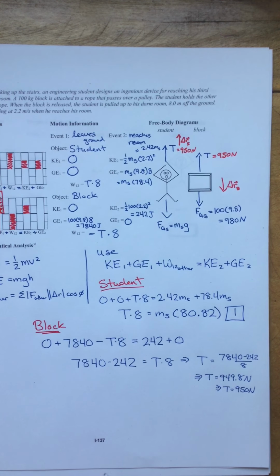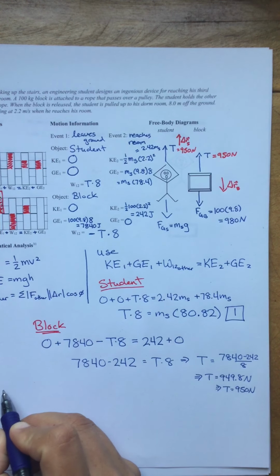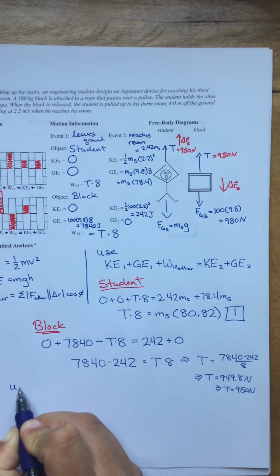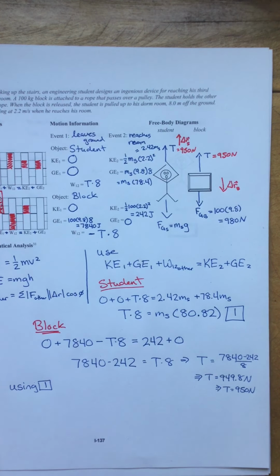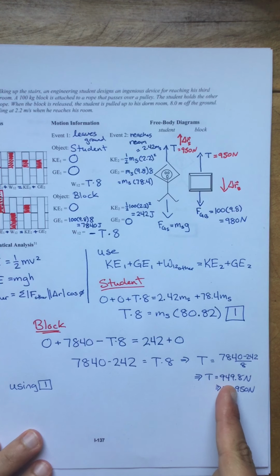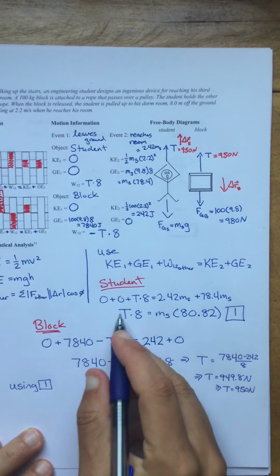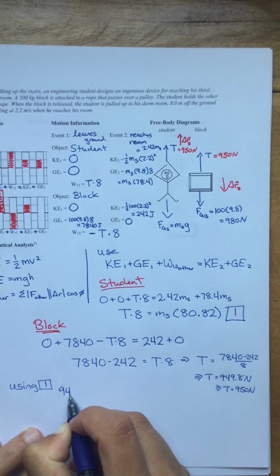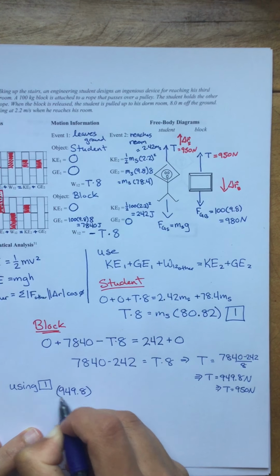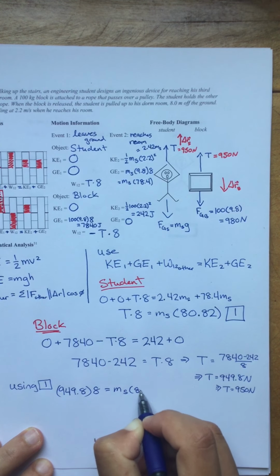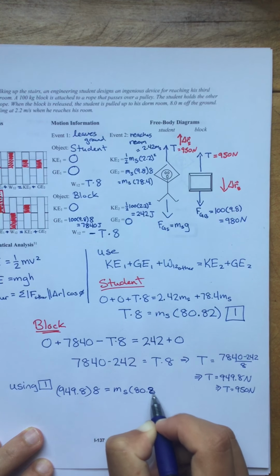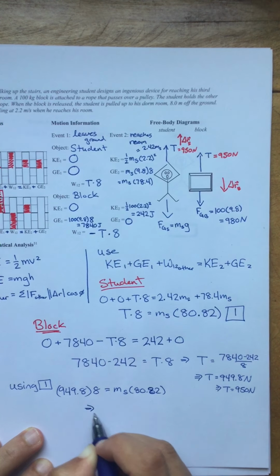And then I'm going to look for the mass of the student. So now, using equation 1, I have T times 8. Let's go back and use the 949.8 for the tension. So this is 949.8 times 8 is equal to the mass of the student times 80.82.